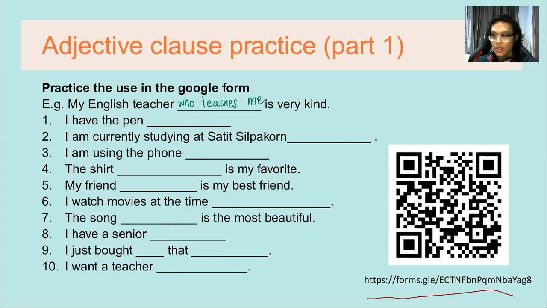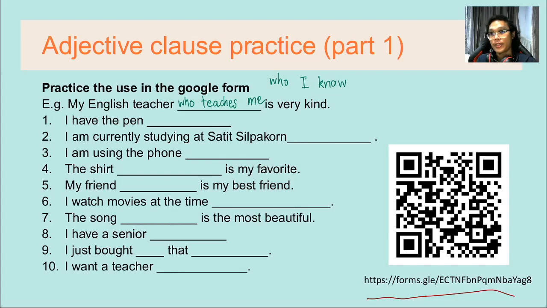So here you can say, my English teacher who teaches me is very kind, or you might get answers that differ from one person to another. My other friends might get a different answer. He or she might answer, my English teacher who I know is very kind.